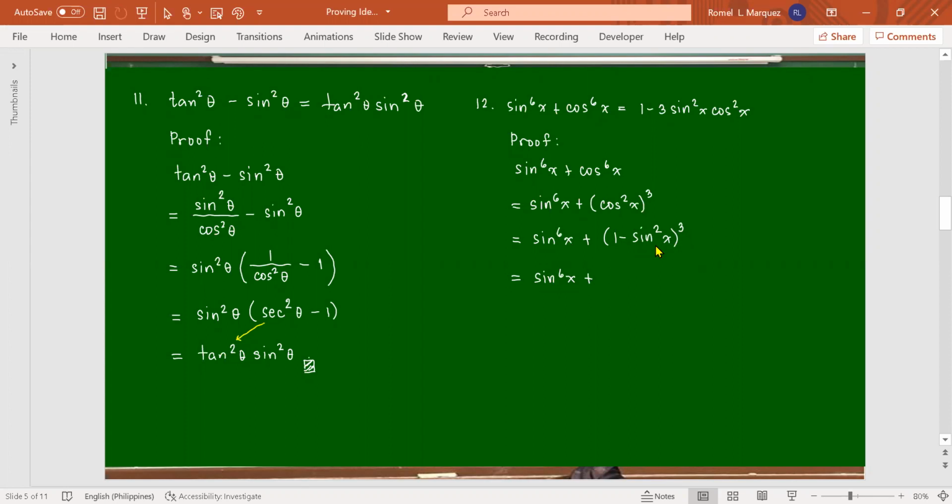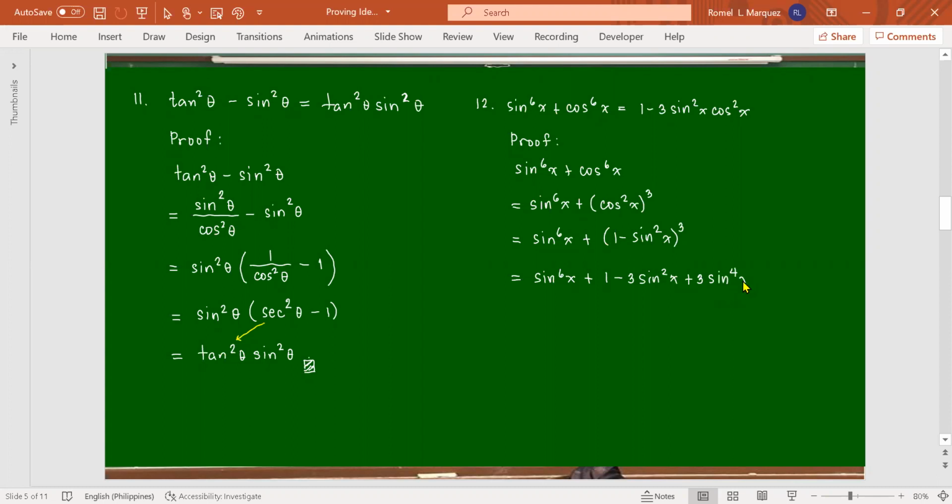So how do we cube a binomial form? This is binomial in form, but technically speaking, it's not a binomial, this inside expression. No? So how do we cube a two-term expression? We have cube the first, minus 3 times the square of the first. So square of 1 is 1, times the second, plus 3 times the first, so 3 times 1 times the square of the second.